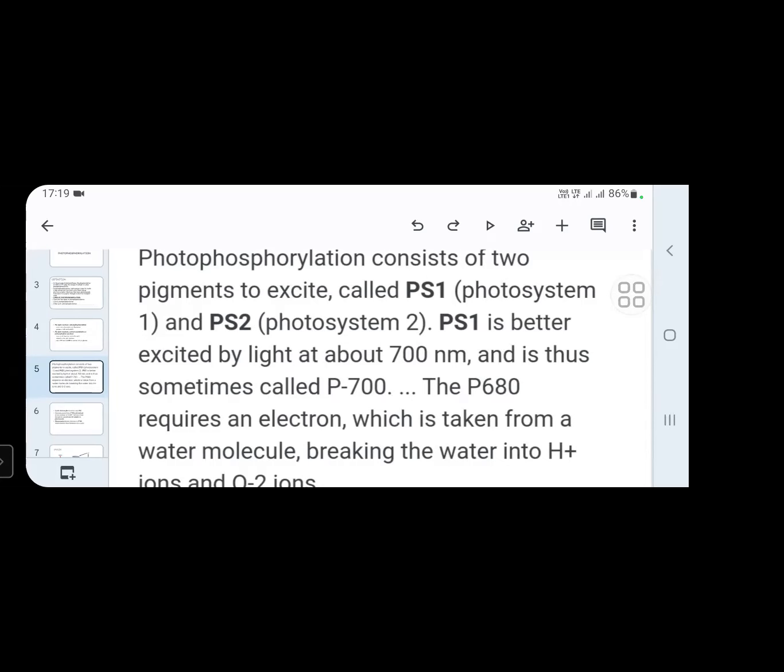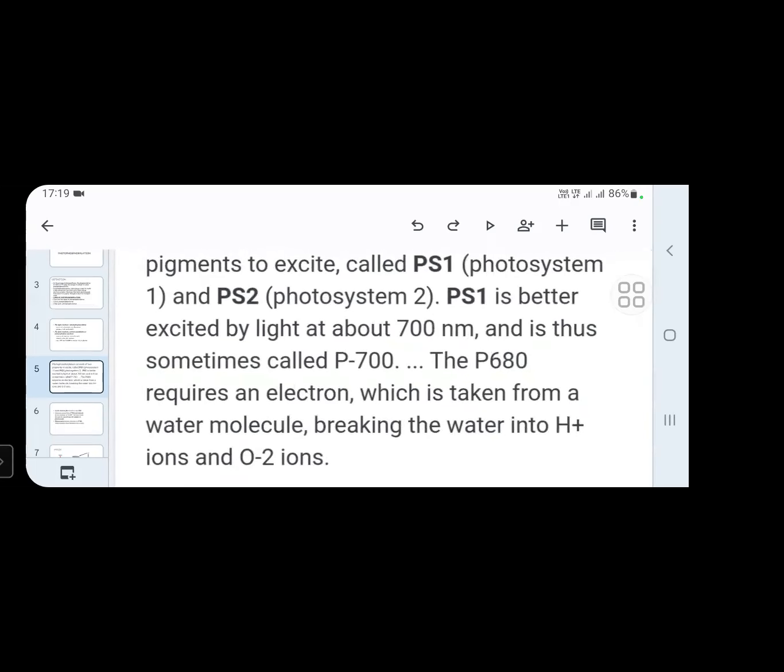PS1 generates a strong reductant capable of reducing NADP plus, and a weak oxidant. We will discuss all these in what follows.